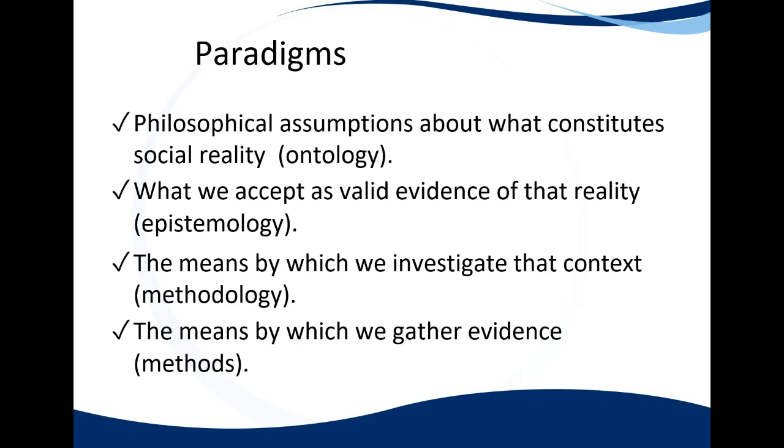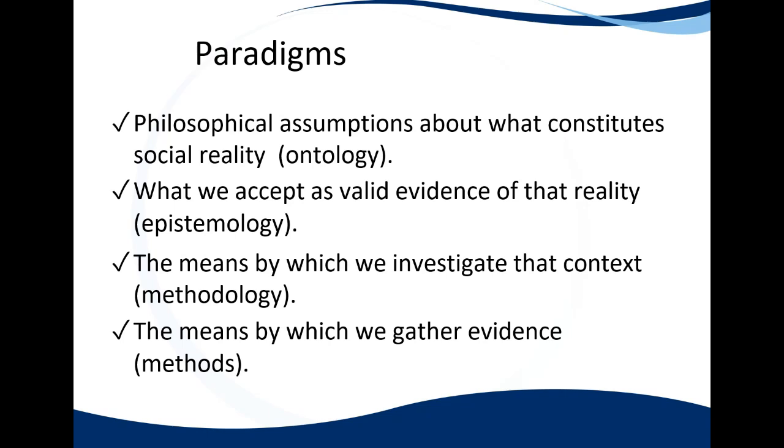So the new words that we need to learn when we speak about paradigms is ontology, epistemology, and methodology. There's also two others, and that's the axiology, but I think for now, if we can stick to that, you understand what's the ontology, epistemology, and the methodology, you'd be okay. So what do we mean by ontology?